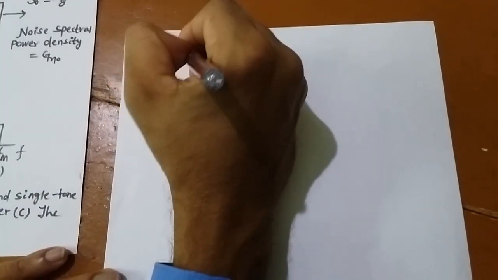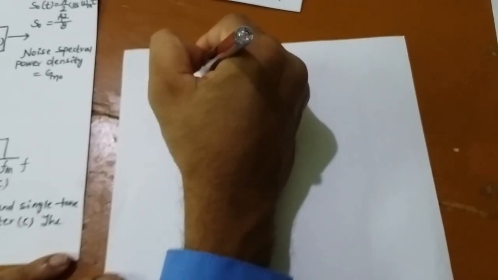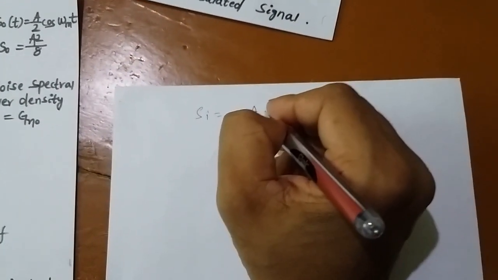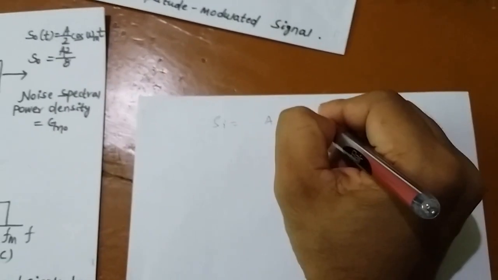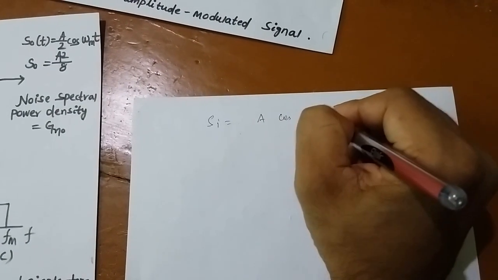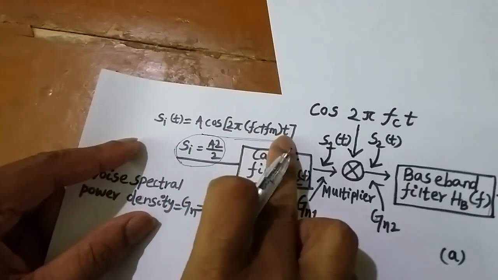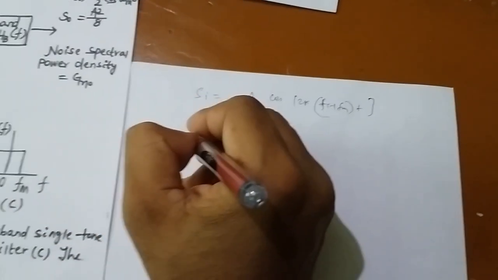Now if you calculate the signal at the input, Si is A cos 2 pi (fc plus fm)t. Now you calculate its power.